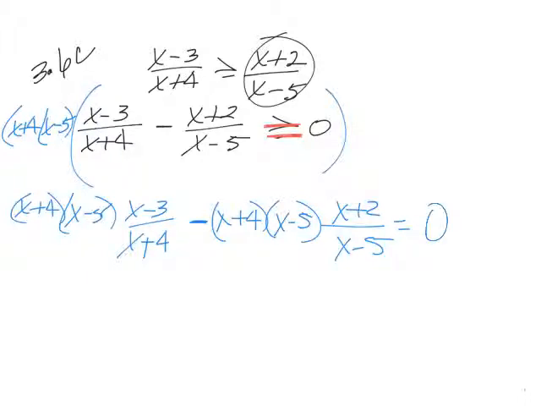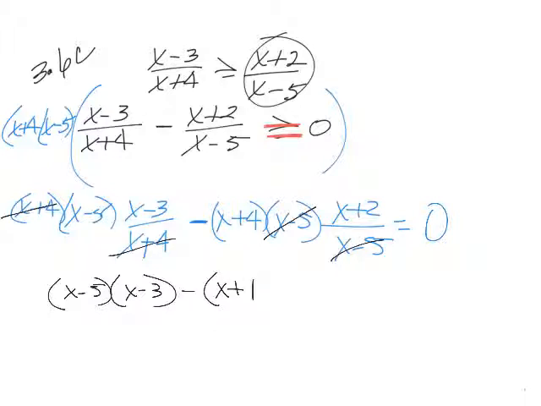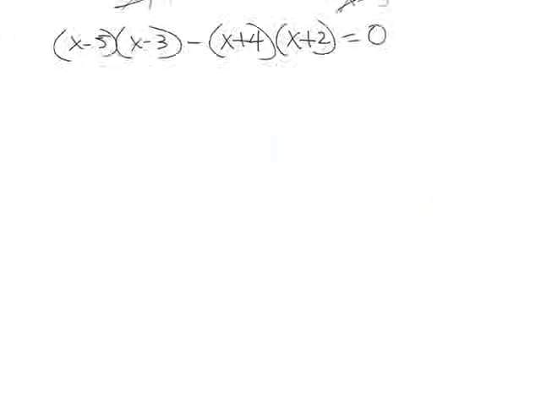So now I can start canceling. Cancel that and that, cancel that and that, and I'm left with x minus 5 times x minus 3 minus x plus 4 times x plus 2 equals 0. So once I do that, I'm just going to do the FOIL here and do the FOIL here.